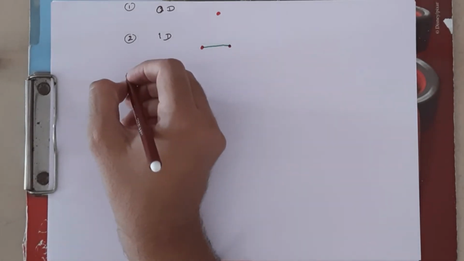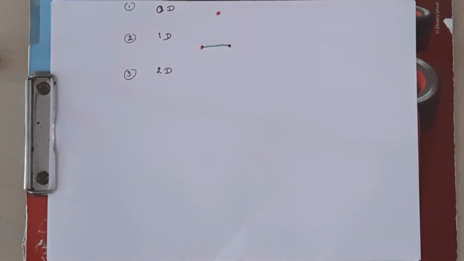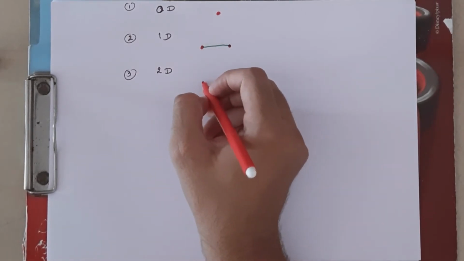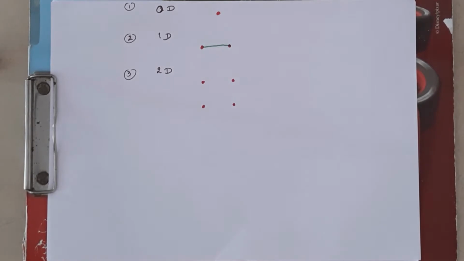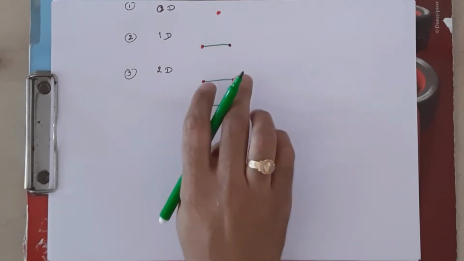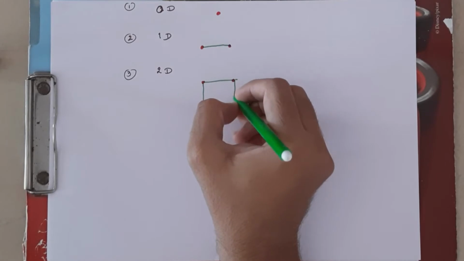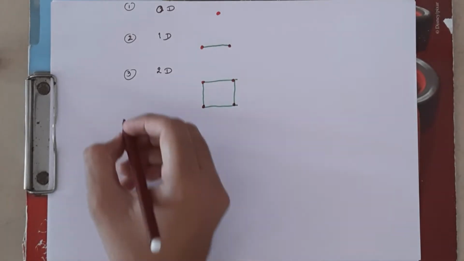Next, number 3 is 2 dimension. 2 dimension means I have to repeat this 1 dimension 2 times, and just join the corresponding points. So it is a 2 dimension quantity.